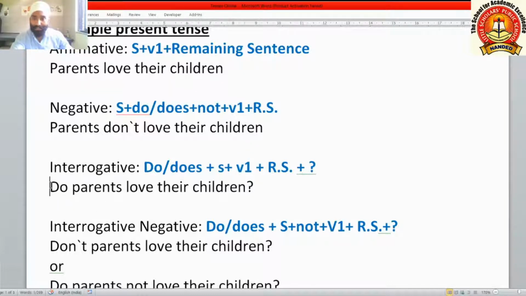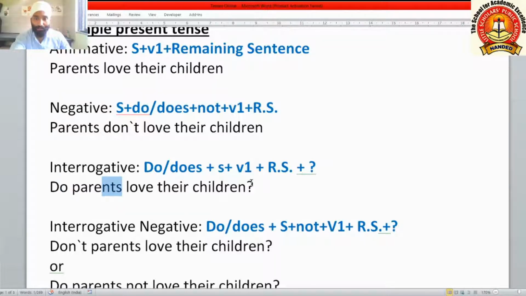Let us see this example of an interrogative sentence. Do parents love their children? Question mark. Here we have used do as the helping verb because parents is plural. If the sentence is Rohit loves his children, here you have to use does: Does Rohit love his children? And the S form of loves you have to remove.